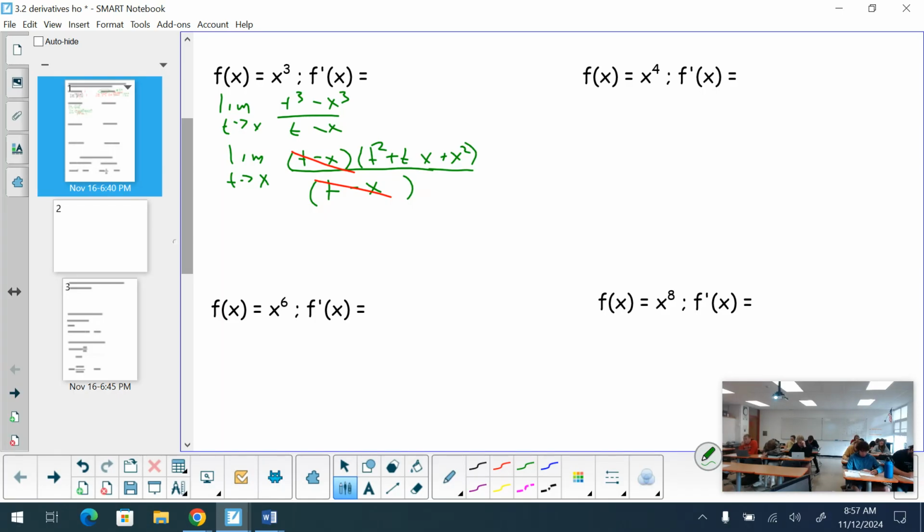So we have an x squared plus an x times x, which gives us another x squared, plus an x squared, so that gives us what, Ian? 3x squared.